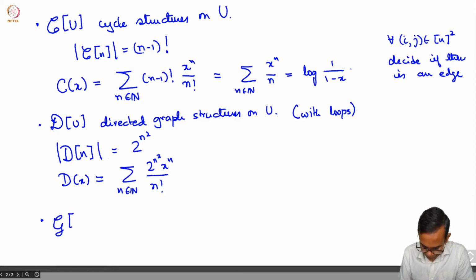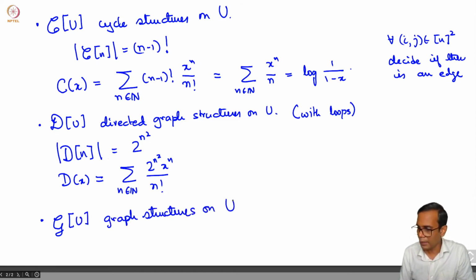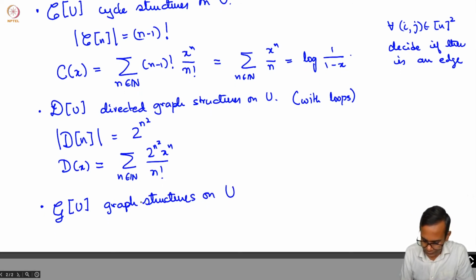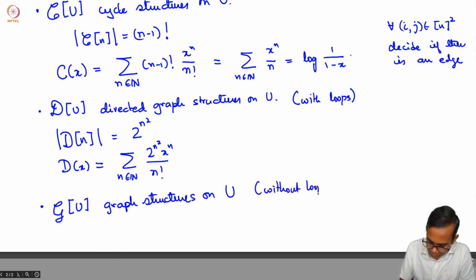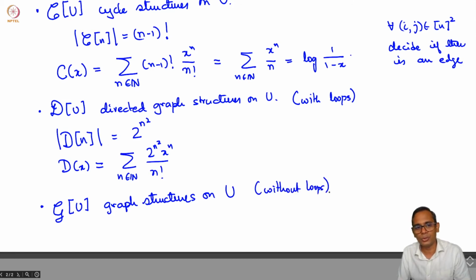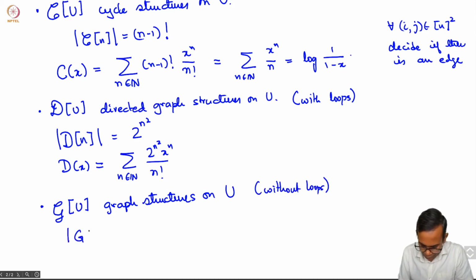G(U) is graph structures on U, simple graph structures on U. And again, now if we do not assume they are directed, and if we assume that there are no loops, then basically we have n choose 2 unordered pairs of elements in 1 to n, and for each of them we have to decide whether to put an edge or not.